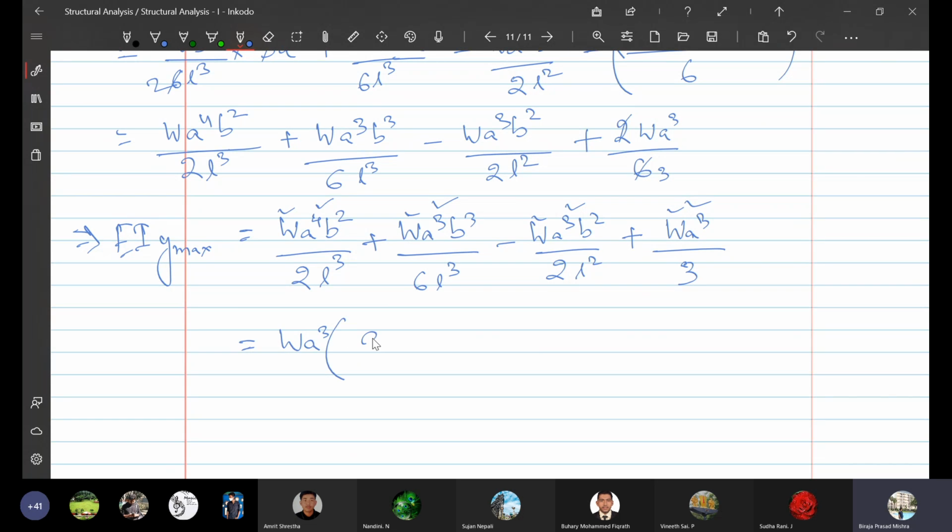So can I write here a b square divided by 2l cube plus, I took w a cube common, so it is b cube by 6l cube minus b square divided by 2l square, then plus 1 by 3.